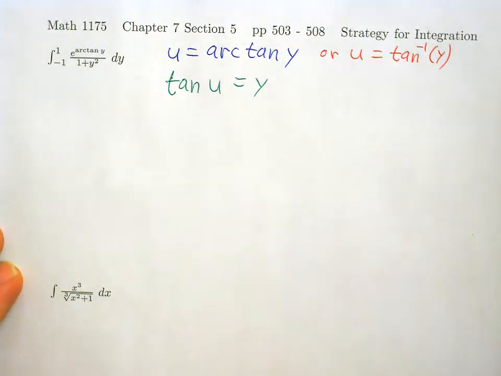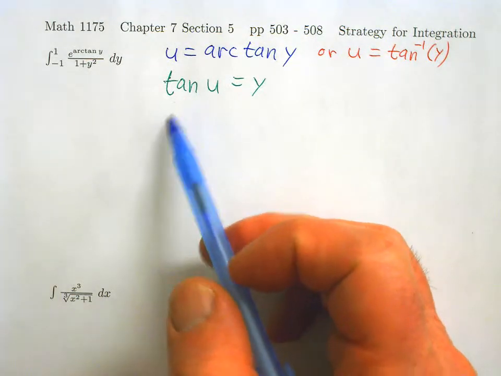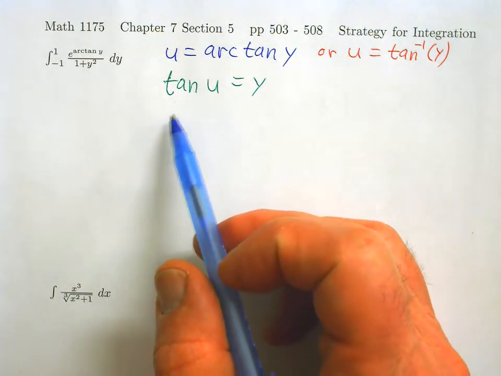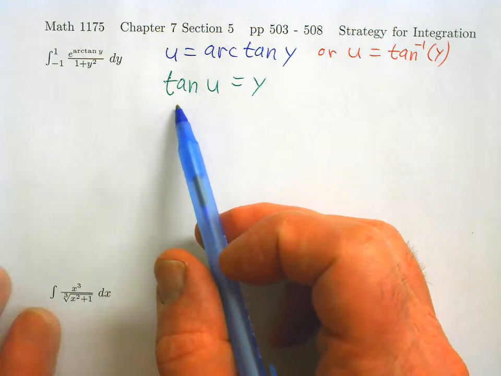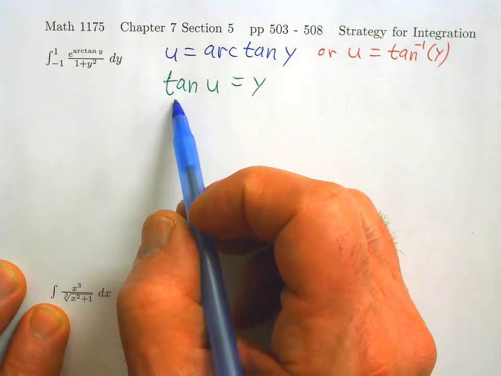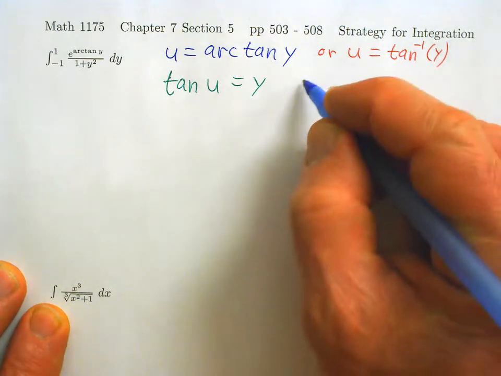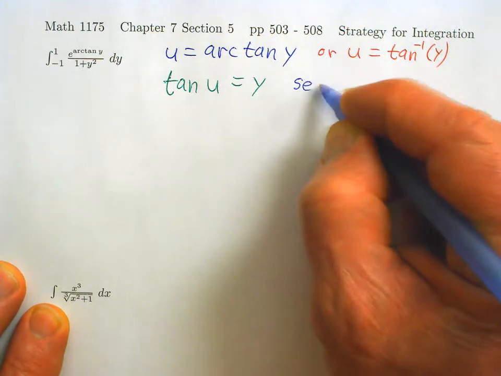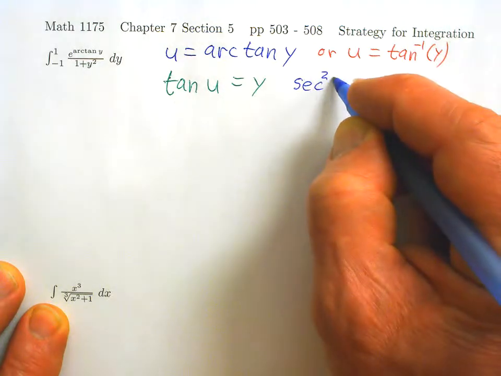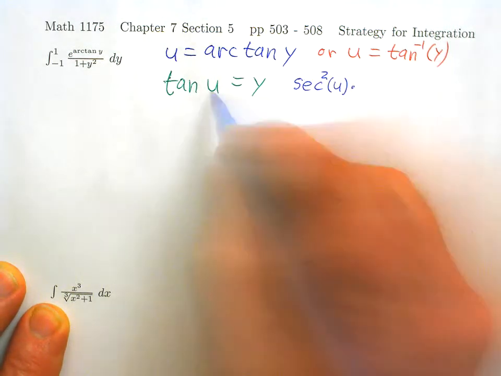And since u is a function of y, we're going to find du by using the chain rule. On the left-hand side, we take the derivative of tangent of u, which is secant of u squared, and then the differential du.